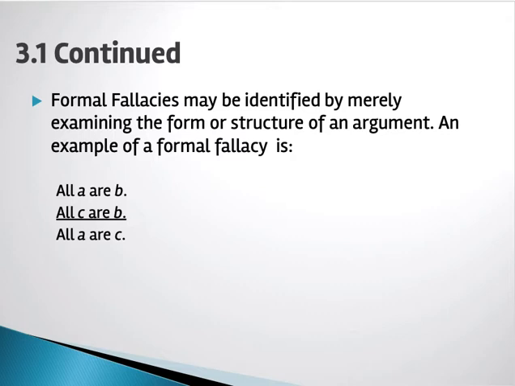Basically, any argument that is deductively invalid is a fallacious formal argument. So for instance, all A are B, all C are B, therefore all A are C. This is a formal fallacy because it's an invalid argument, it's a deductive argument, but there's something wrong with the structure or the form of the argument, and therefore we call it a formal fallacy.